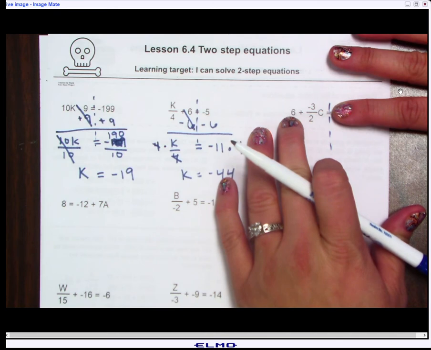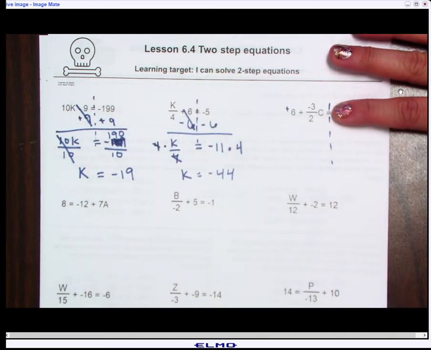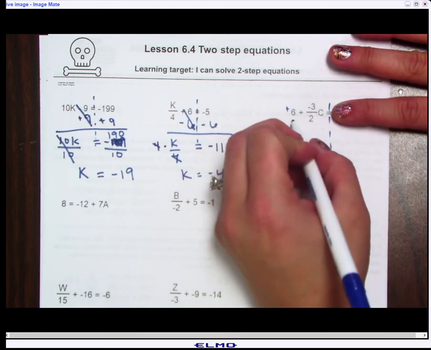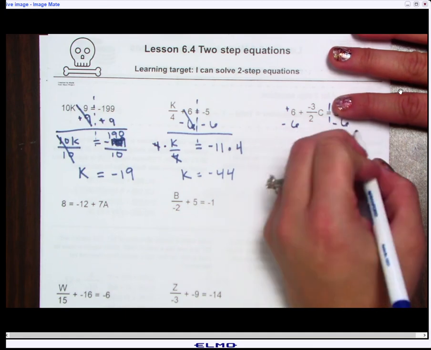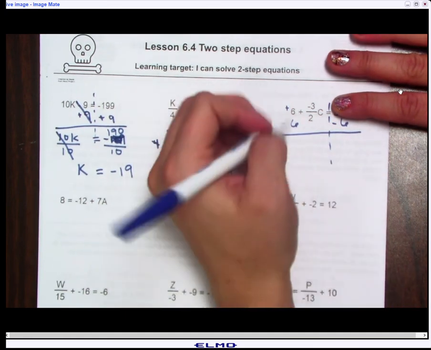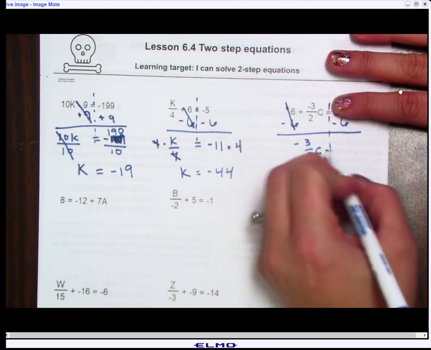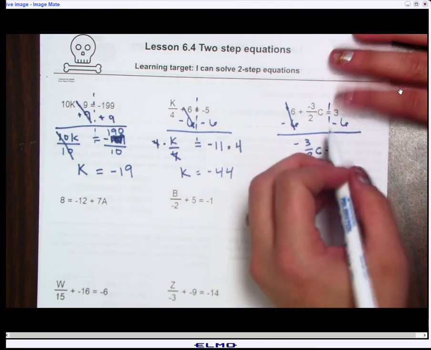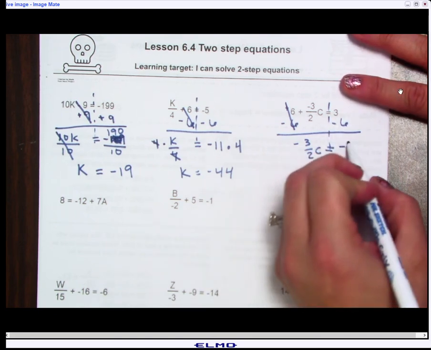And since it's positive 6, put a little plus up there, I need to do the opposite of being positive 6, which is being negative or minus 6. And that's what I'm going to do to both sides. So these are gone. Bring my equal sign down, and then I'm going to look at 3 minus 6, which is negative 3.